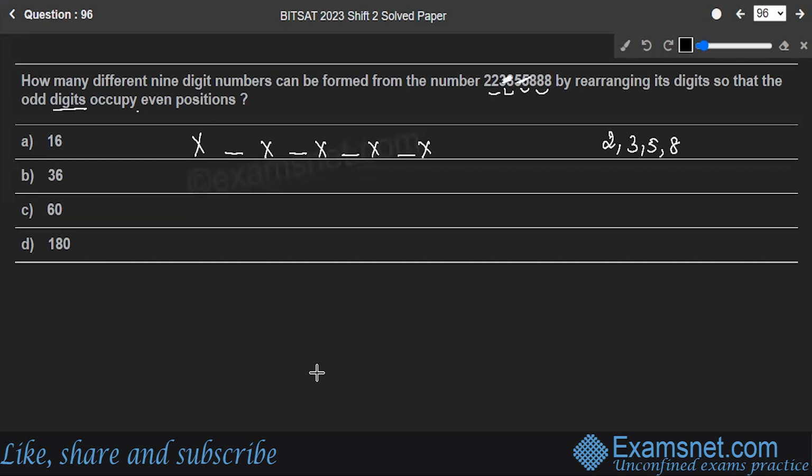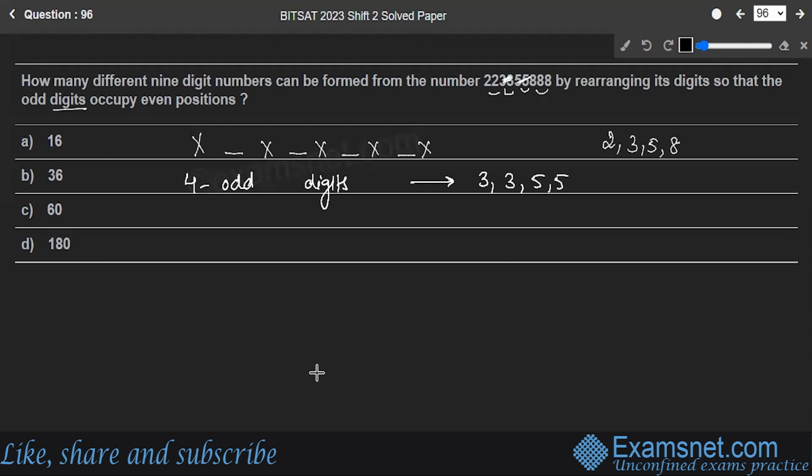So you have 4 odd digits, and those are 3, 3, 5, and 5.